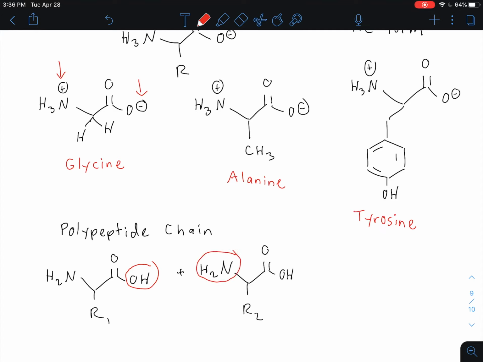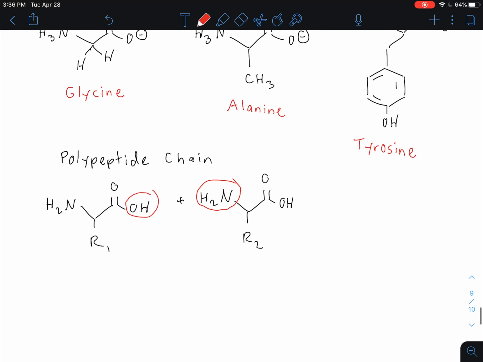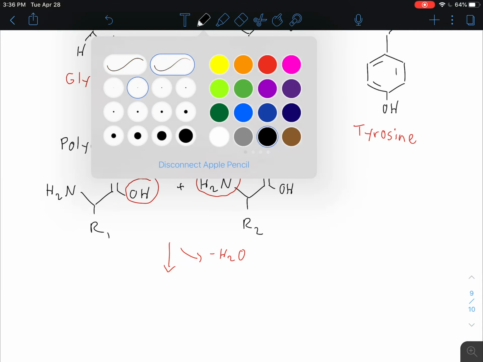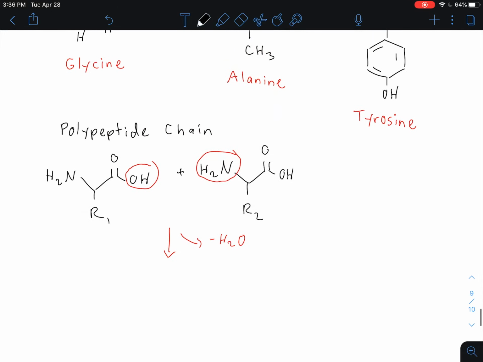So if we imagine these coming together to form one single molecule, what ends up really happening is we lose water as we put these together, and then we make what's called an amide bond.